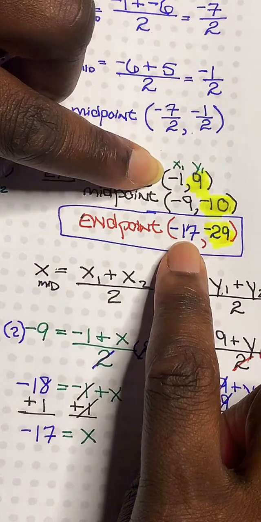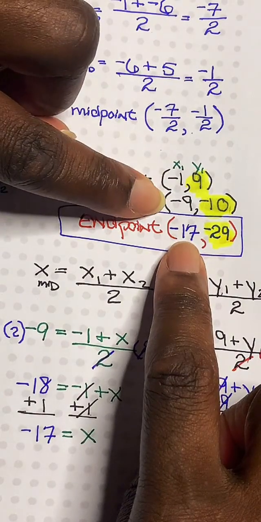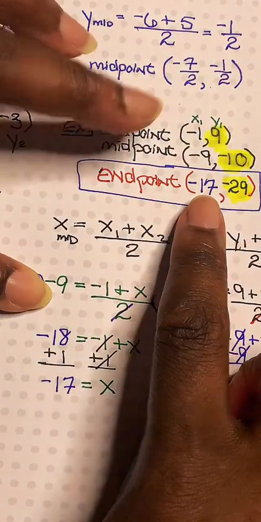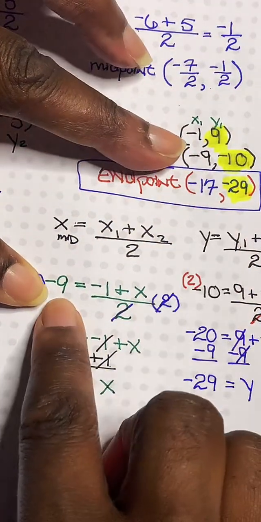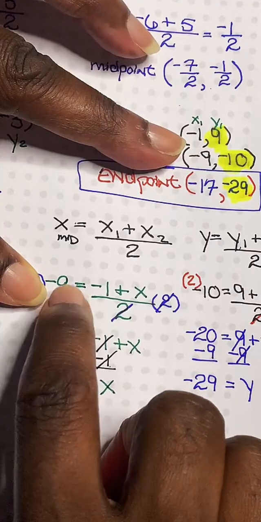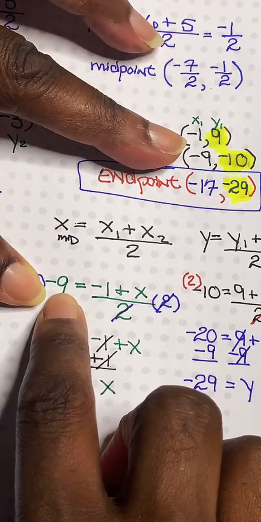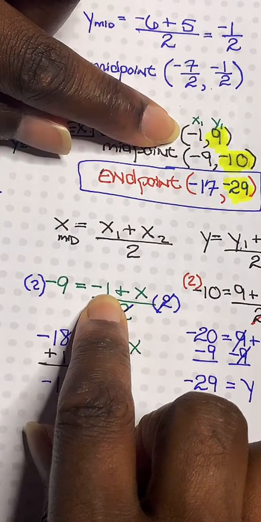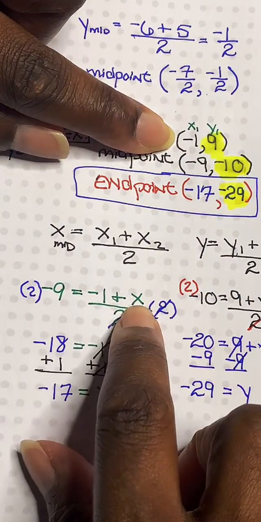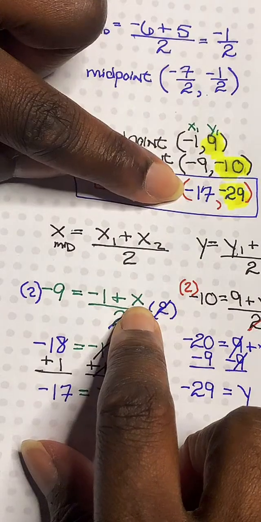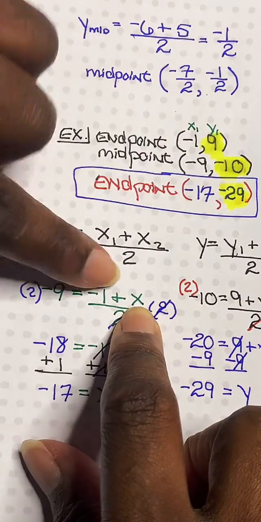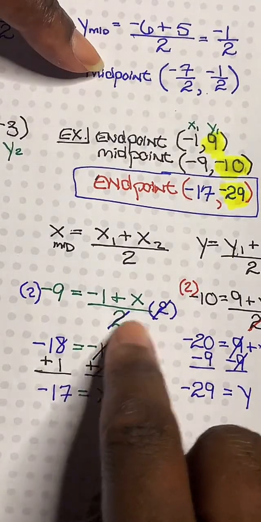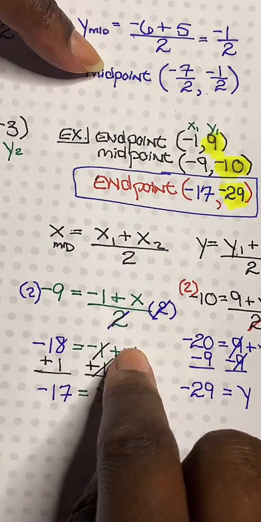I need to add my x's and then divide by 2 to find the midpoint. Since we know the midpoint is -9, that's where this -9 came from. That's the x value of the midpoint. Then we need the x value of the first point, which is -1. And then we need the x value of the endpoint that we're looking for. We didn't know what that was, so we put an x there. Divide by 2. First thing, multiply both sides by 2.